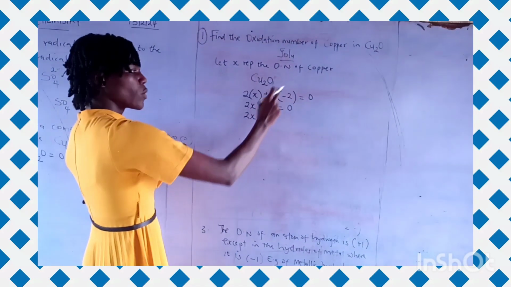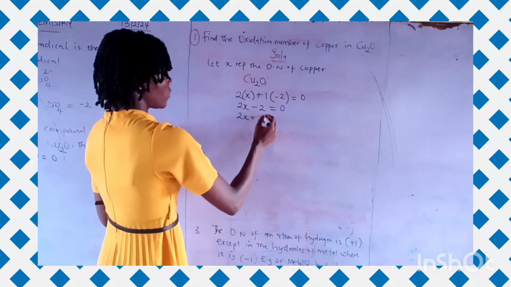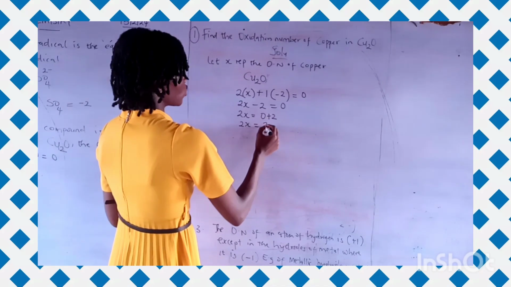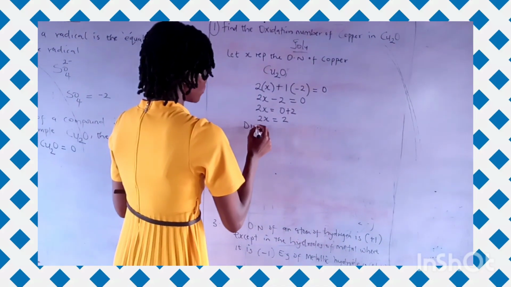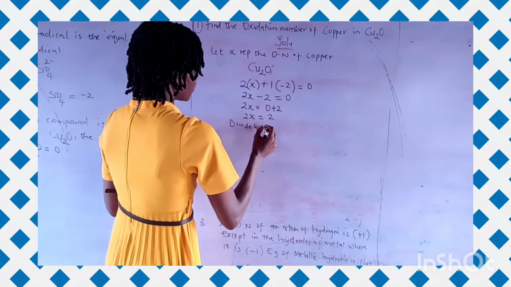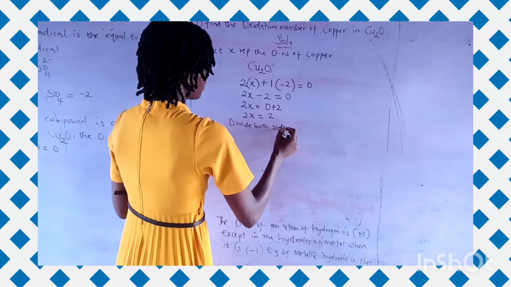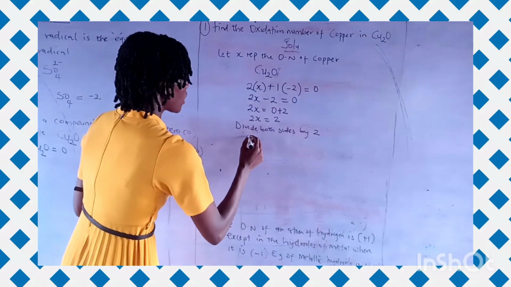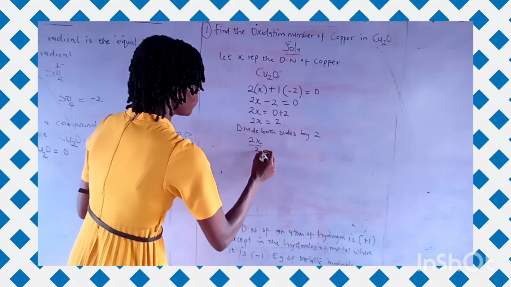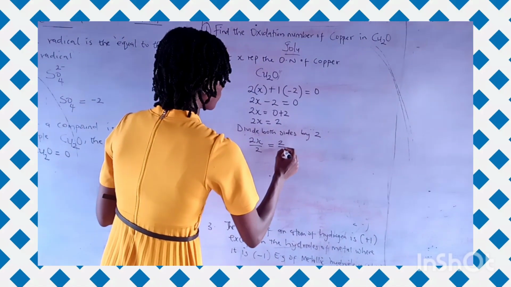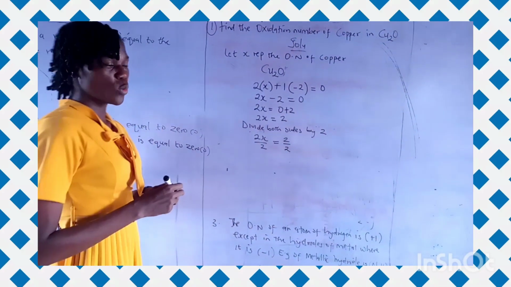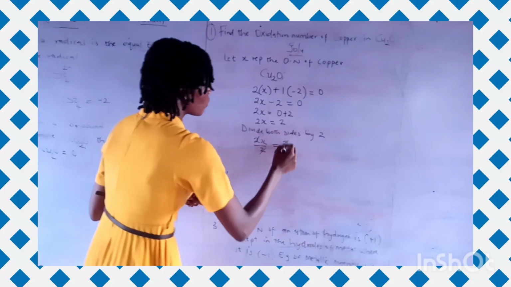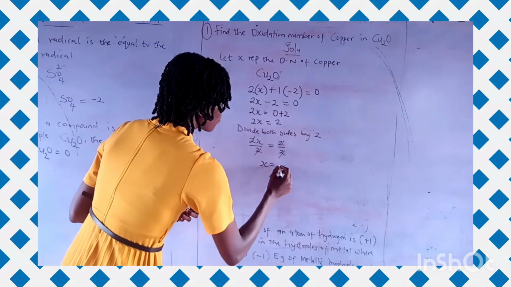When this minus 2 crosses over with 0, it becomes 0 plus 2. So we have 2X is equal to 2. We divide both sides by 2 to obtain X. So 2X over 2 is equal to 2 over 2. So X is equal to plus 1.